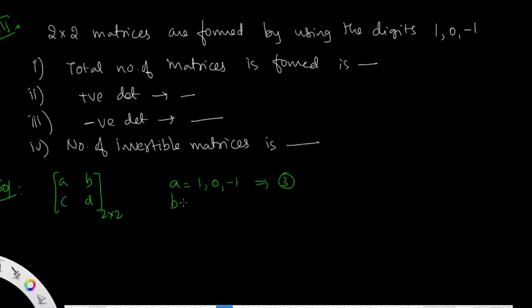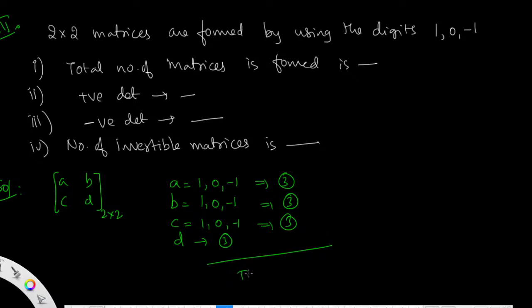And for B also the second place can be filled in 3 ways, 1, 0, minus 1. So that is also 3 ways. And for D also 3 ways. So therefore total number of arrangements, that is total equal to how many ways we can get? 3 power 4, that is 81 ways we can get for the first question. This is for the first one.